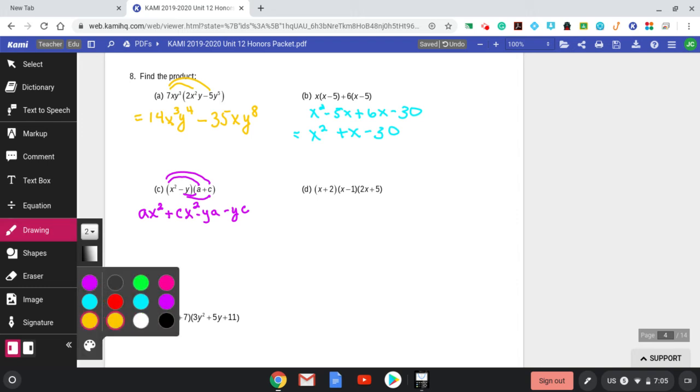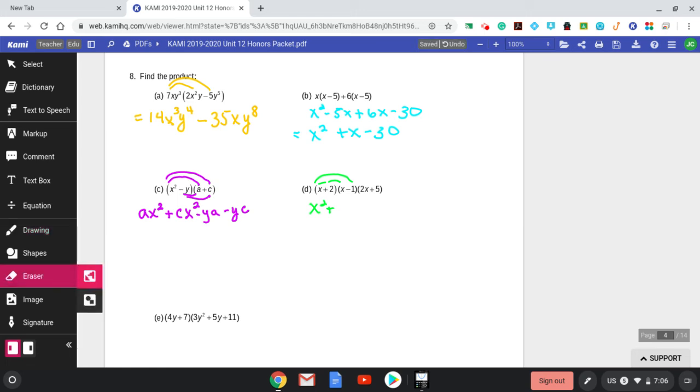Woo, part D, buckle up, boys and gals, buckle up. We have 3 of them now, so my piece of advice is to do 2 at a time. Just do 2 at a time. Do not do all 3. So I'm only going to do these first 2 here and say, all right, x squared minus x plus 2x minus 2.